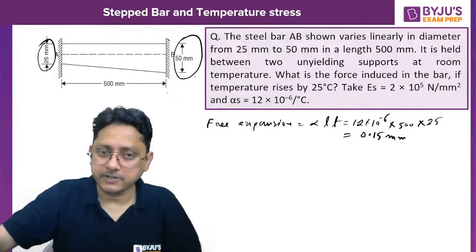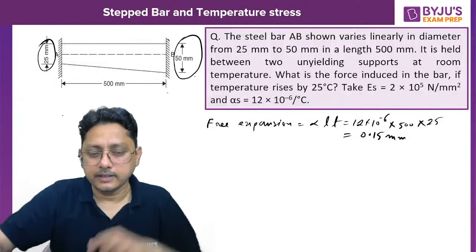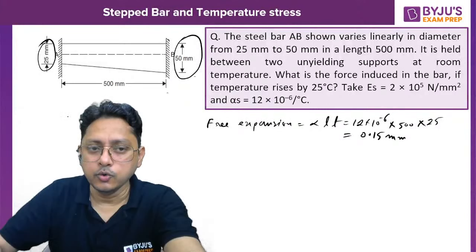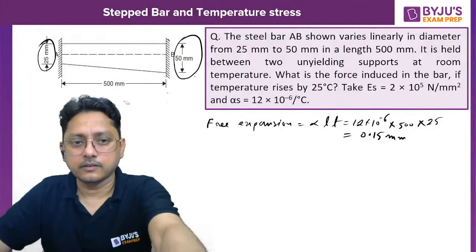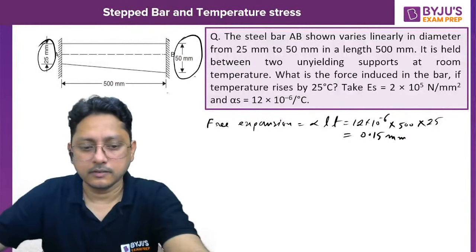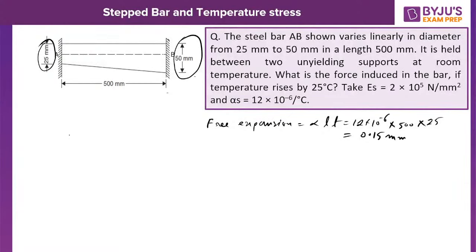Now this is your tapered section of the bar. Earlier, how did you calculate? See, once it gets expanded, you are going to compress it once again. Suppose you have a tapered section of the bar, and for the tapered bar, if you are going to apply the force, what is the delta?